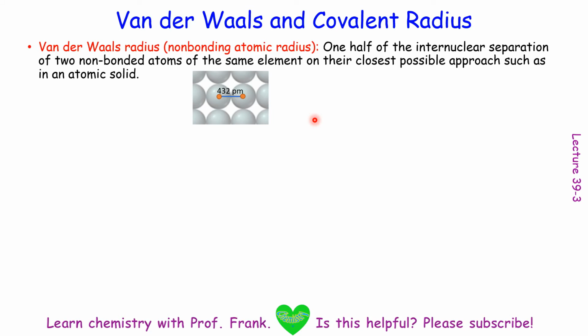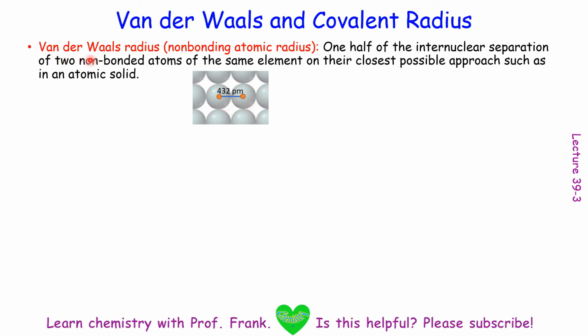Now let's take a much closer look at atomic radius. There are several types of atomic radius. First one, van der Waals radius. That's also the non-bonding atomic radius, which means there is no chemical bond involved.